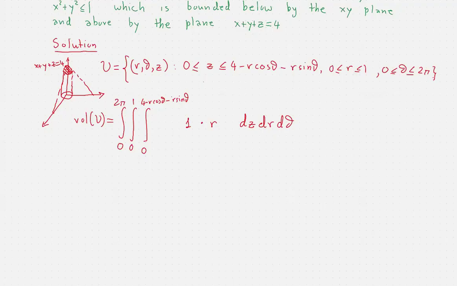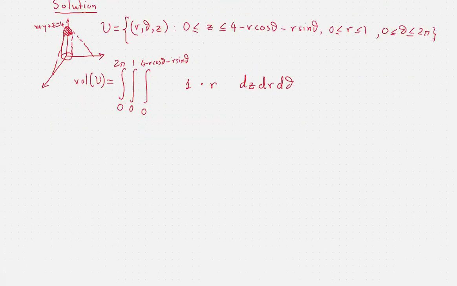So now finding the antiderivative here with respect to z is pretty straightforward because r is a constant. So we will have rz from z equals 0 to z equals 4 minus r cosine theta minus r sine theta.